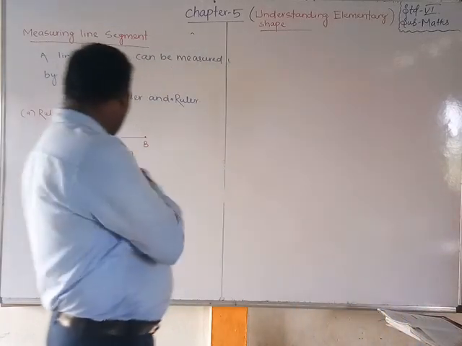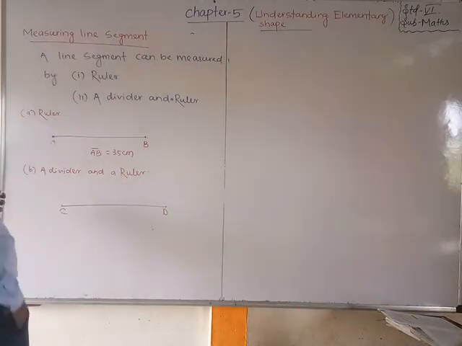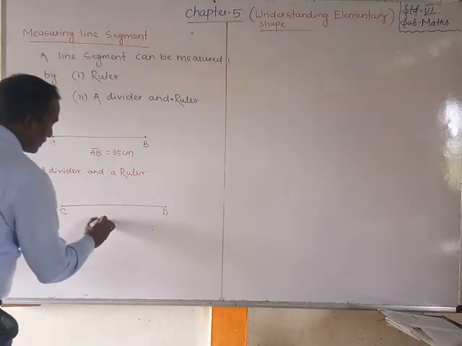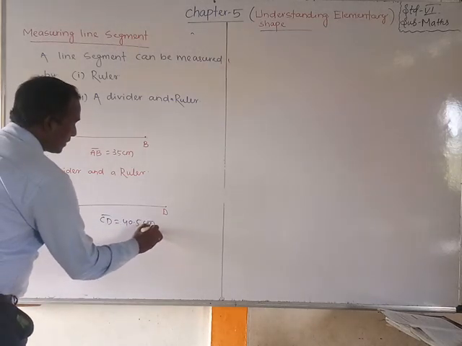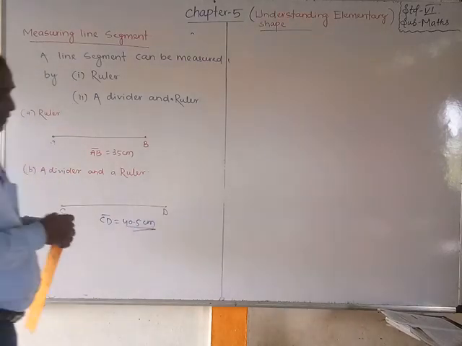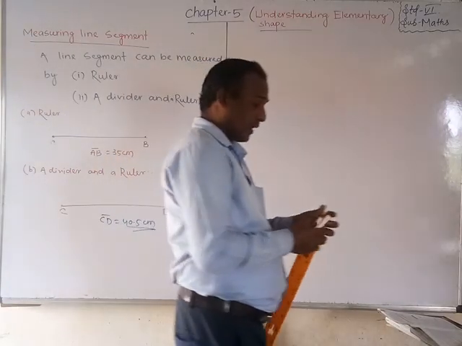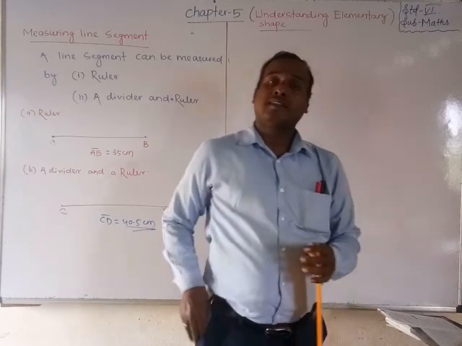So we found the measurement of CD is 40.5 centimeters. Like this we find the measurement of a line segment.